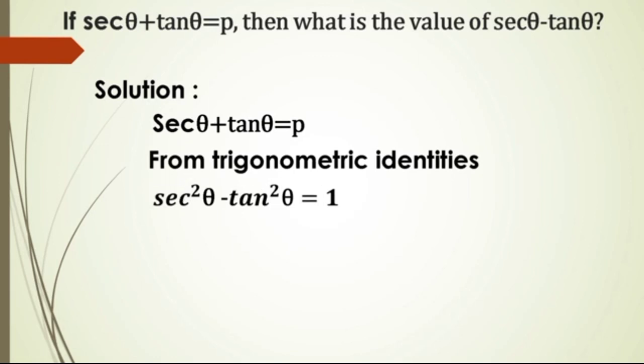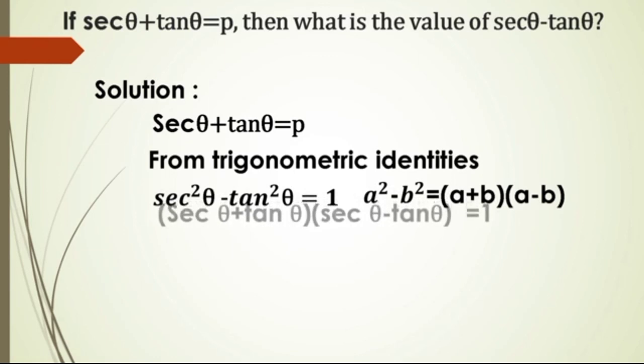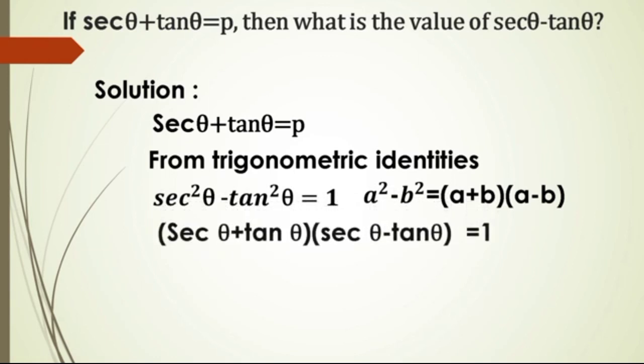This is like a square minus b square is equal to a plus b into a minus b. So, secant theta plus tan theta into secant theta minus tan theta equal to 1.